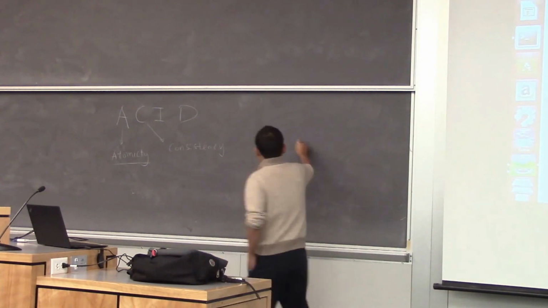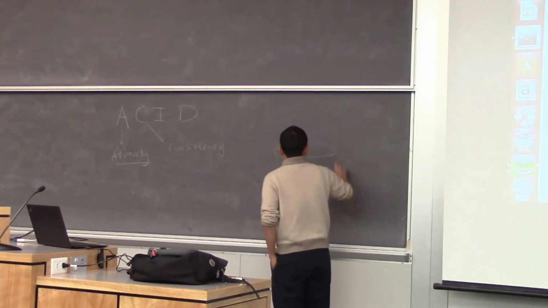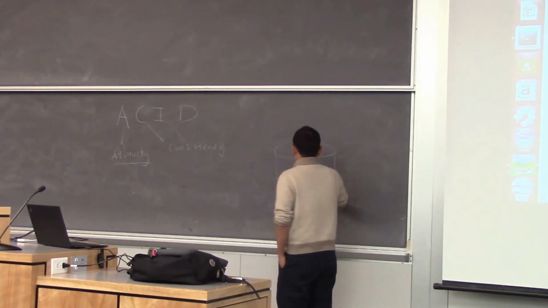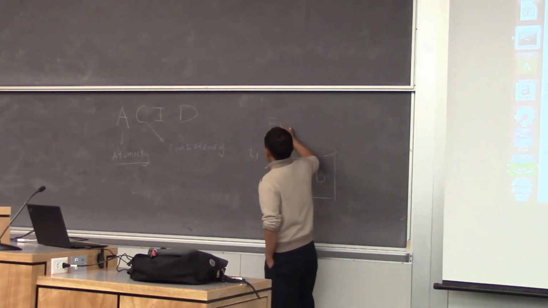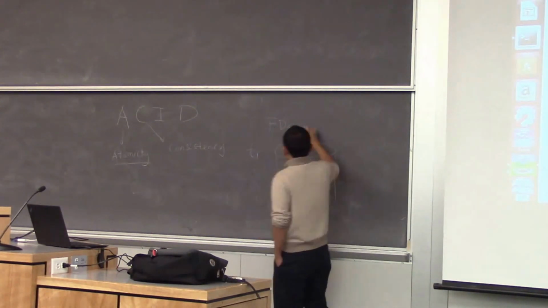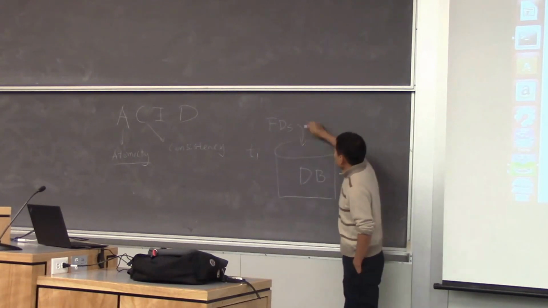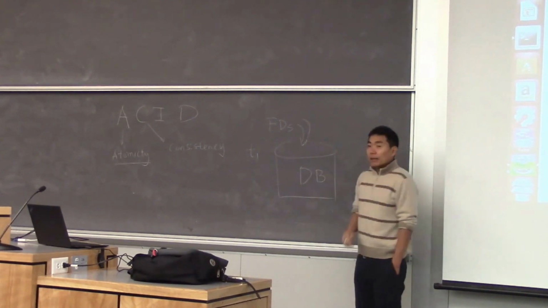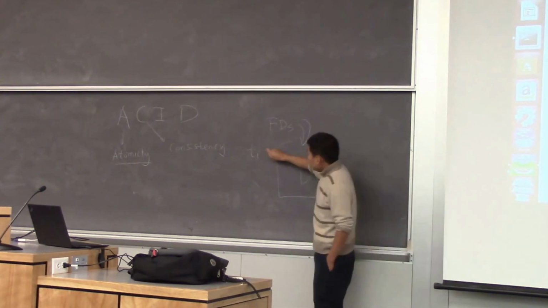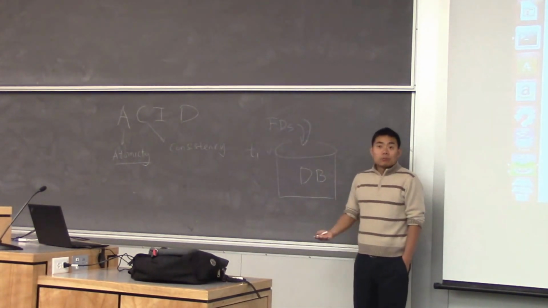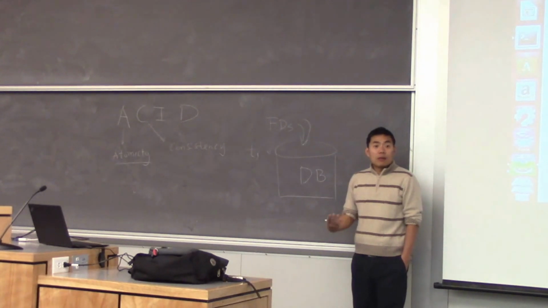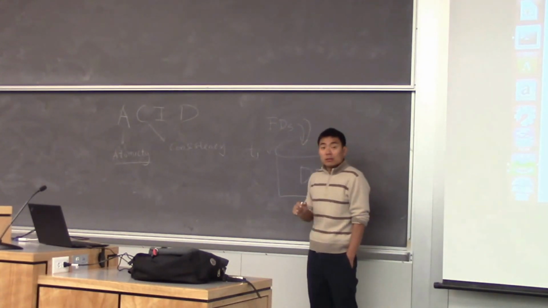So suppose this is your database at time t1, and you have a bunch of functional dependencies that are enforced on this database. And at time t1, all of these functional dependencies are true. There's no violation whatsoever with respect to these functional dependencies.